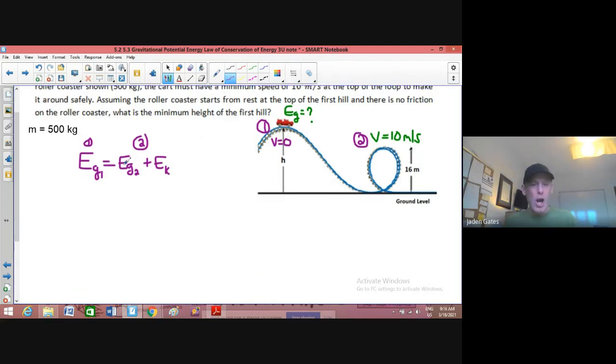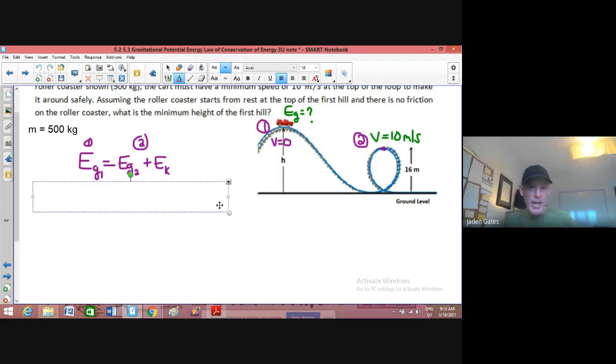Now, energy is neither lost nor gained, so the energy we started off with at the top is going to be equal to the energy that we have at the top of the first loop. What does that look like in terms of our values? We have EG1, which is mass times g times our first height, which I'll call H1.